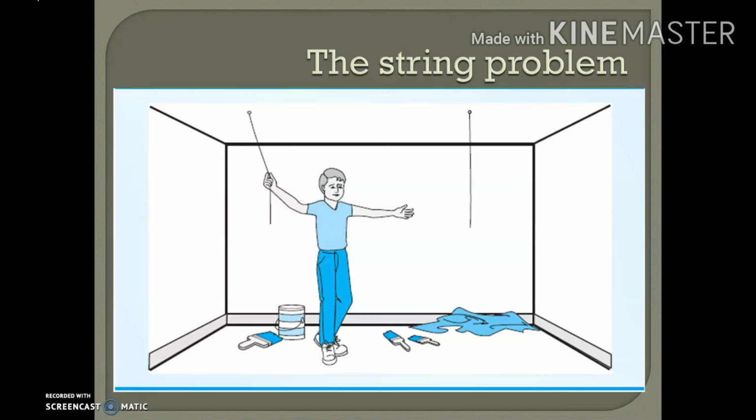Your goal is to tie together the two strings, but neither string is long enough so that you can reach out and grab the other string while holding either of the two strings. You have available a few clean paint brushes, a can of paint, and a heavy canvas tarpaulin. How will you tie together the two strings?